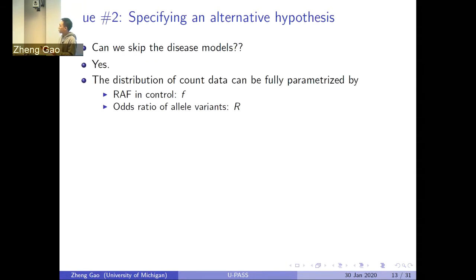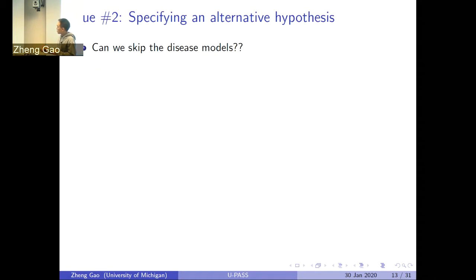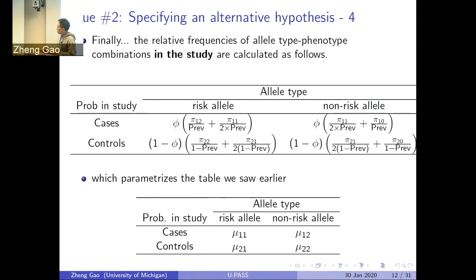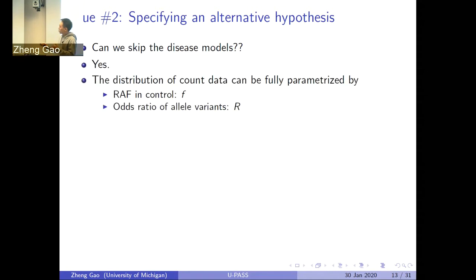And in fact, this is parameterized by 2 quantities. The first is what people call the risk allele frequency in the control group, F, which is really, when you look at the controls, the ratio of pi 21 over the sum of pi 21 and pi 22. And why are we using this? Because this number is widely reported in the genetic literature.